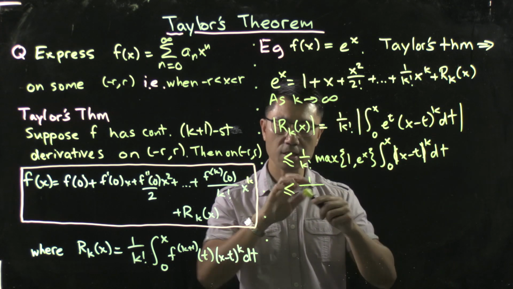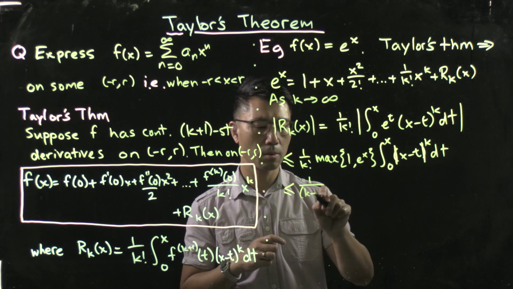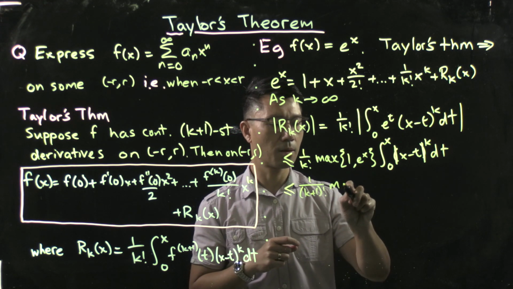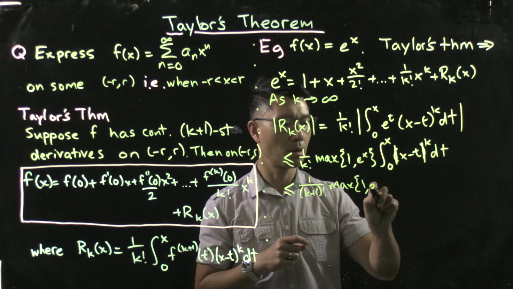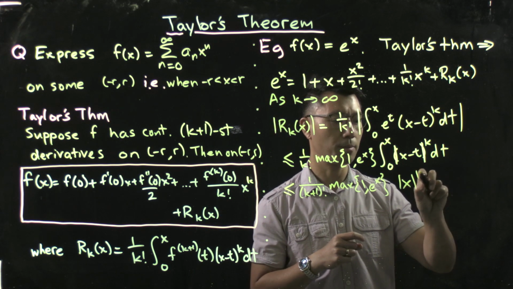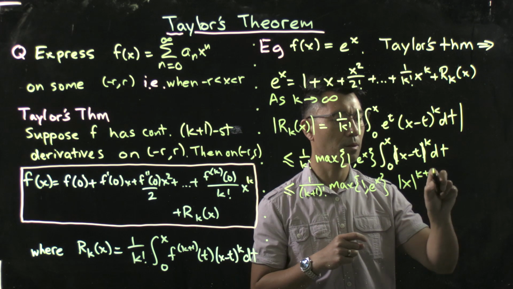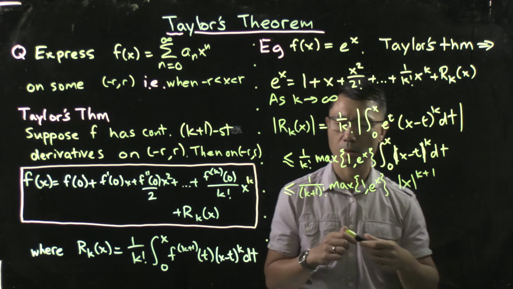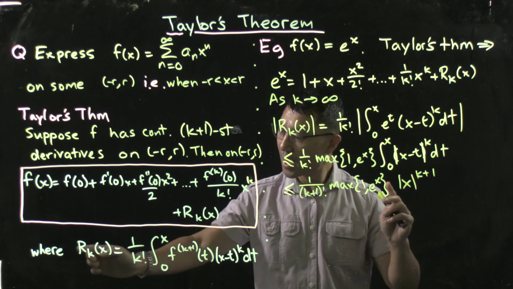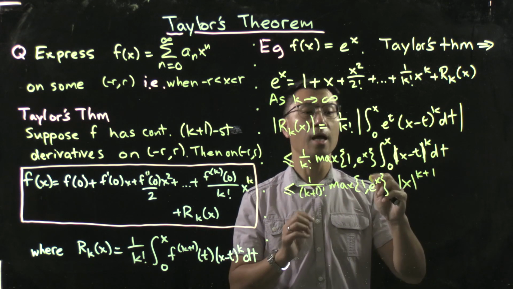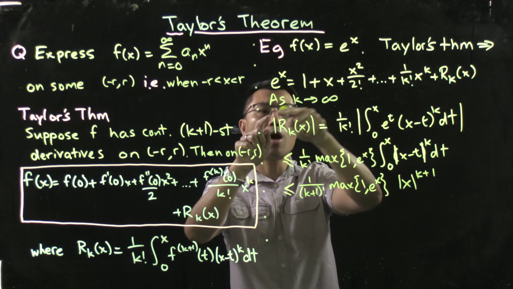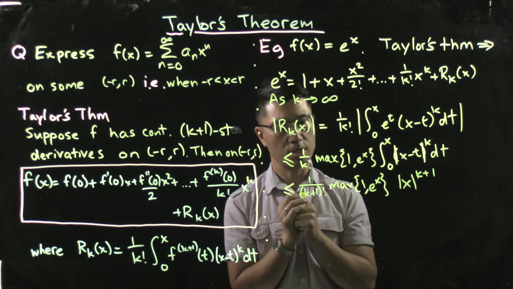So the k plus 1 factor, I'll stick on this factorial, and then you'll have this max term here, and then you'll have here x to the k plus 1. And then what we want to do is show that as k goes to infinity, this goes towards 0, in which case the remainder term has to go towards 0 as well.